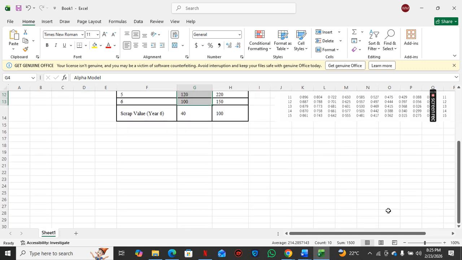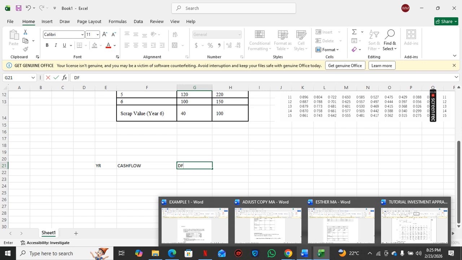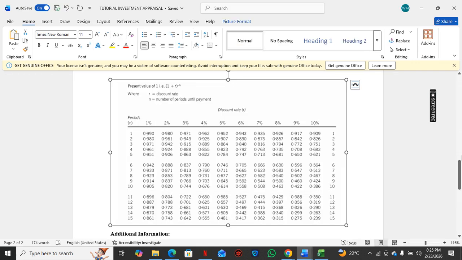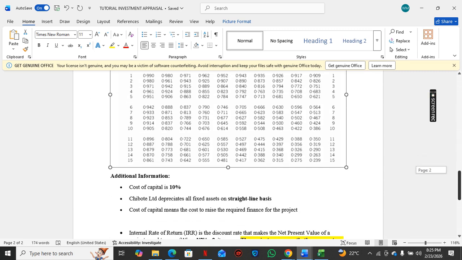You make a table like this: you've got your year, your cash flow, and your discount factor. We'll have to see what discount rate we are using. The discount rate you'll be using is your cost of capital.